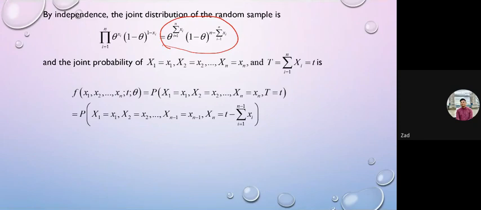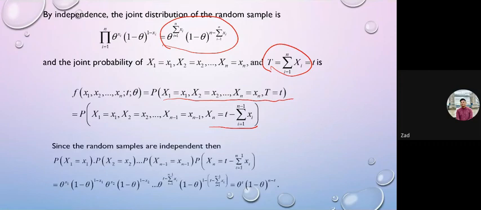Then we build up the joint probability of x1, x2, ..., xn and T equals t. The last value xn is then t minus summation xi from i equals 1 up to n minus 1.